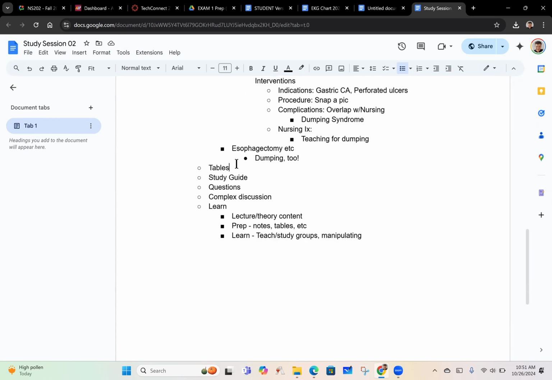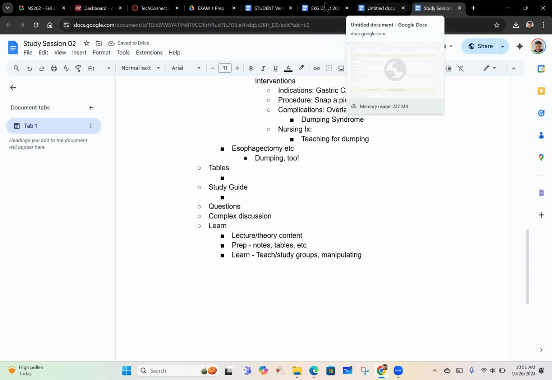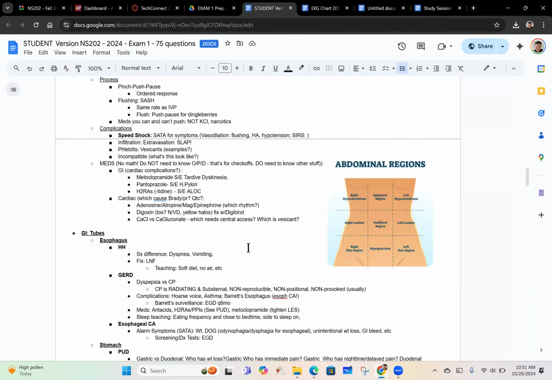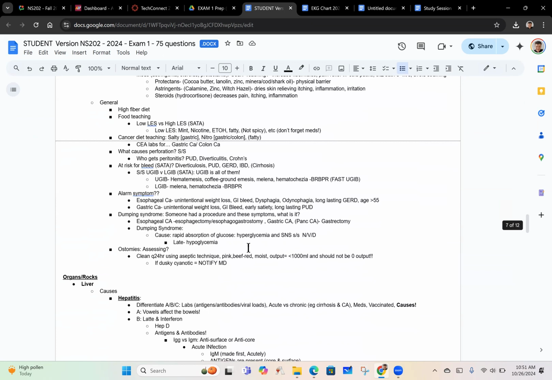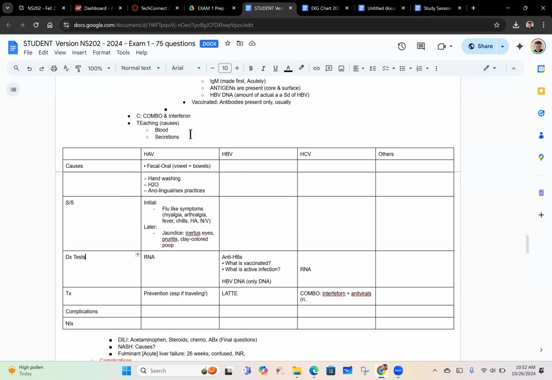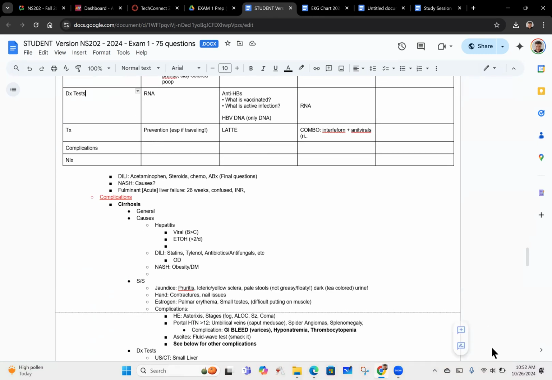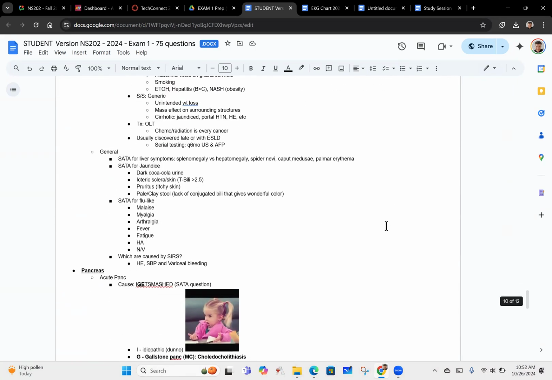So we've talked about tables and study guides, we can kind of combine them together, right? So if we do a study guide here, let's take one of these. I kind of made one here for hepatitis. It's all liver stuff.